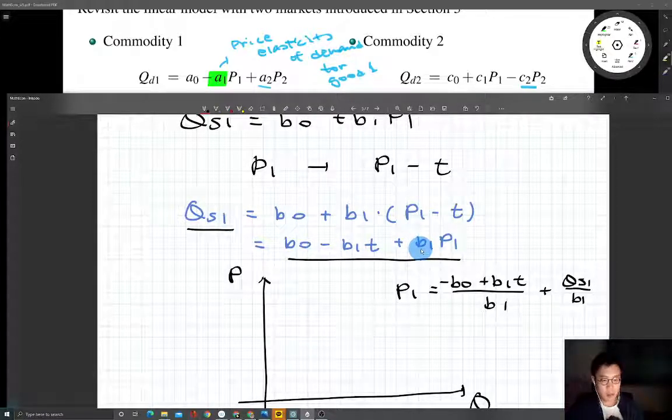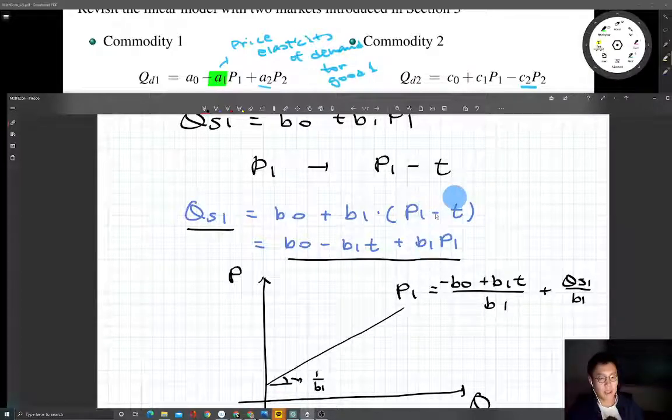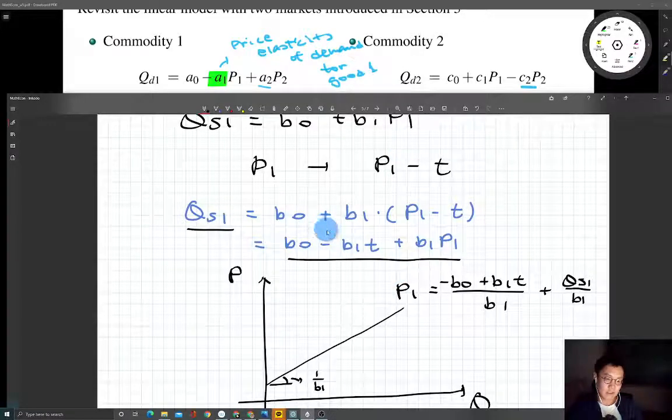So it looks like this. It is still a linear equation, but the slope of this line is going to be 1 over b1, not equal to b1, because once again, this is an inverse function.